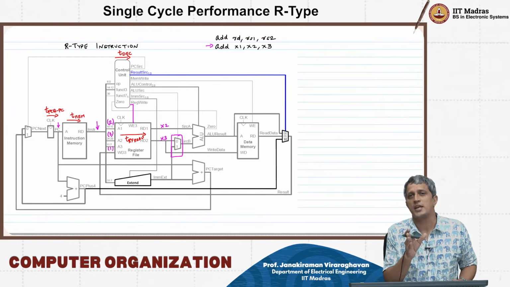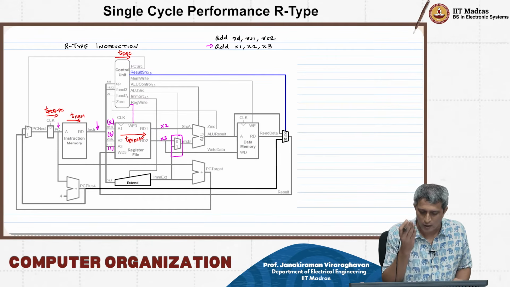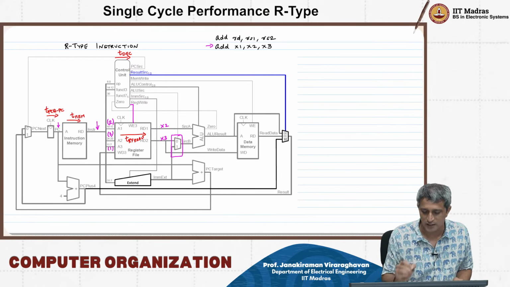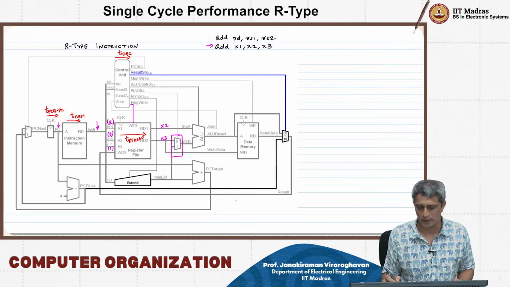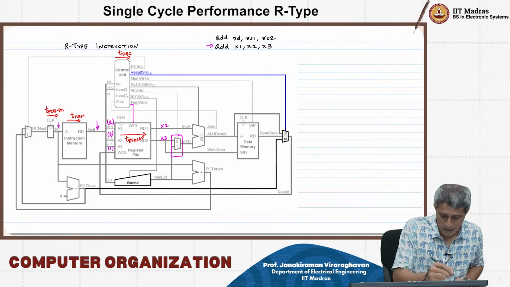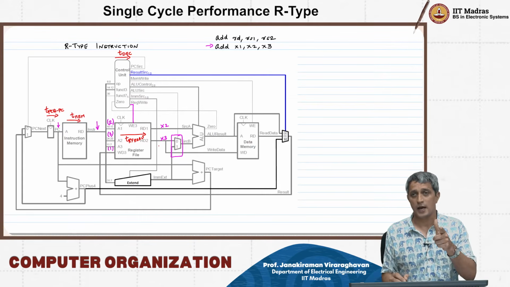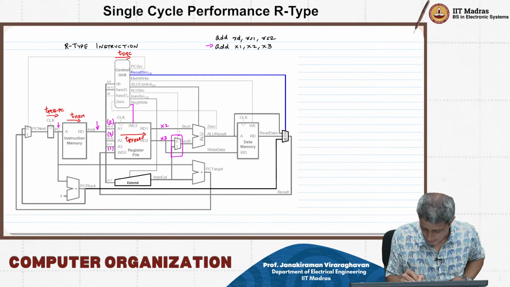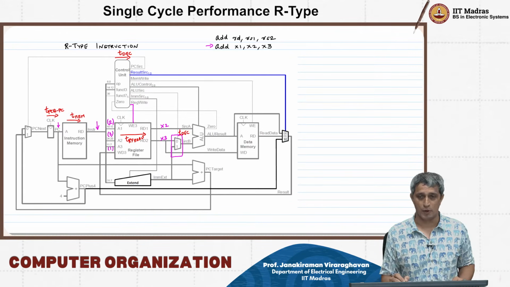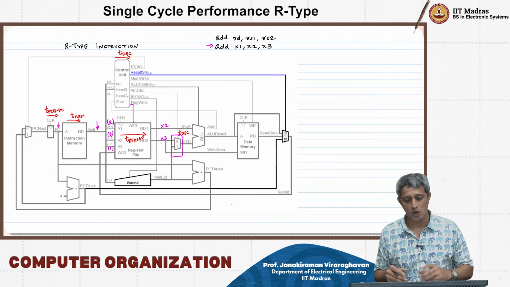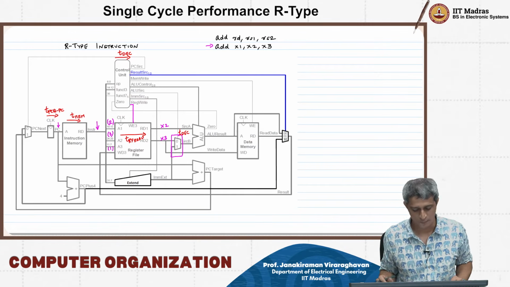But X3 is going to be available after T RF read at the input of that multiplexer, right? Now if I look at the timing here, X3 is available after T RF read and this one is available after T decode. Remember that, because those outputs are all coming from the control unit, right?